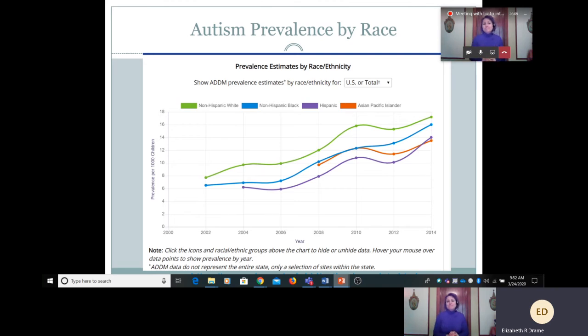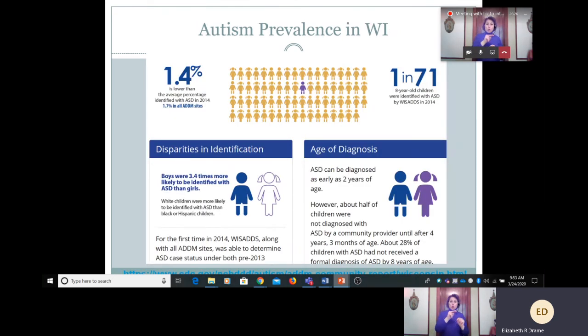States have different issues, opportunities or challenges with the diagnostic process and access for different groups to the diagnostic and treatment process. Remember I said the prevalence across all the sites that participated in the 2014 estimate was 1 in 59 children.